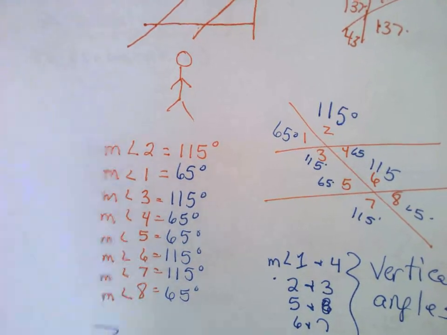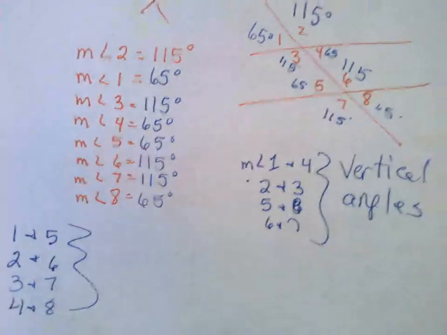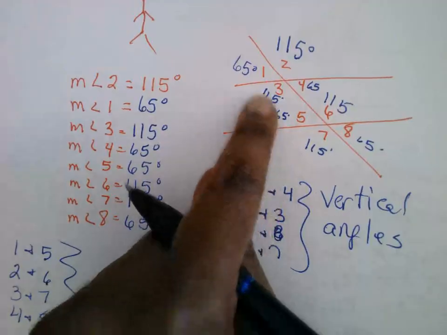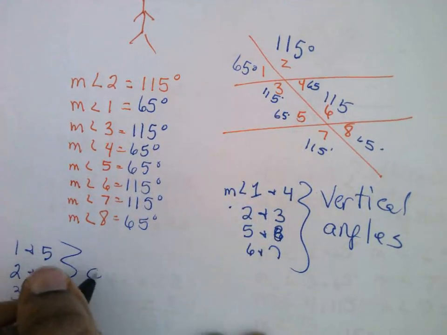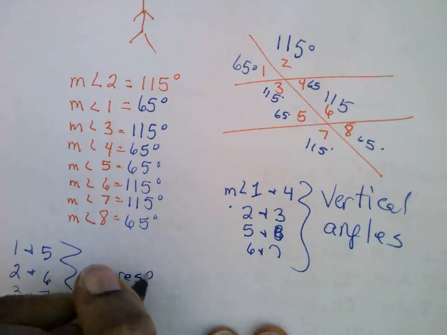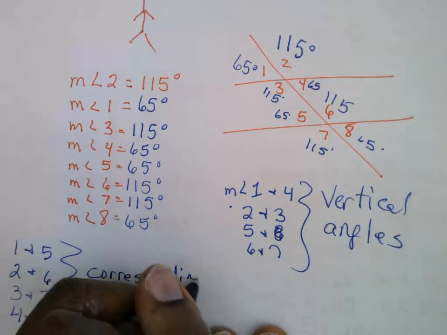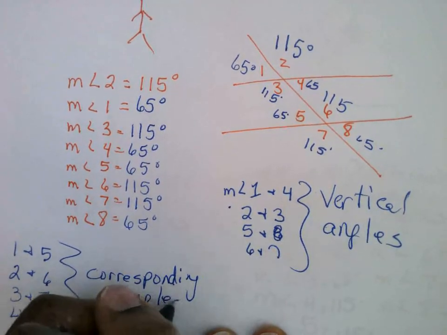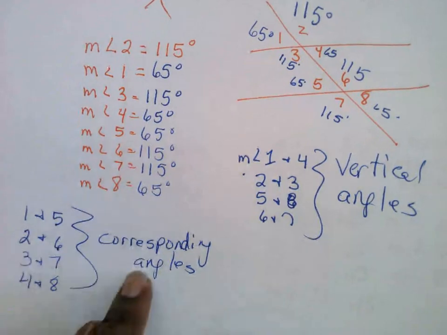Those are called corresponding angles because they're in the same position. These are congruent.